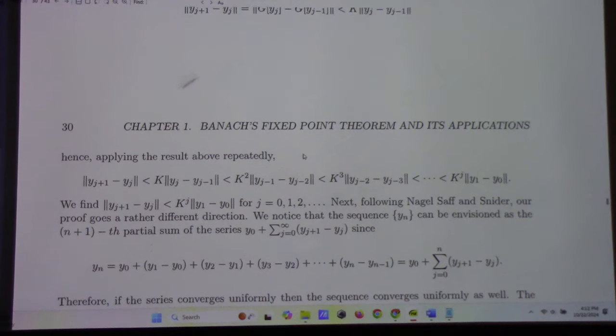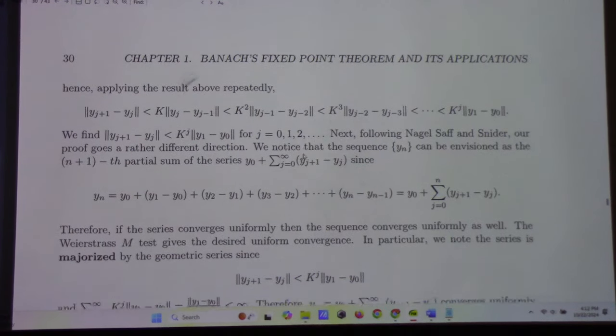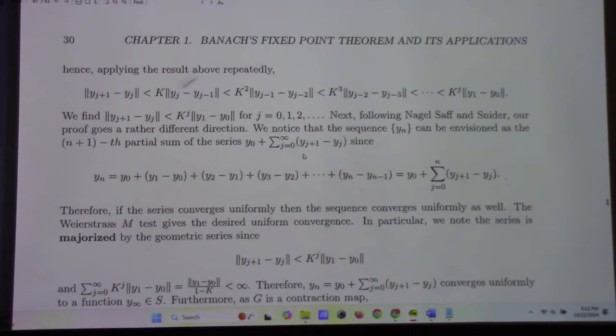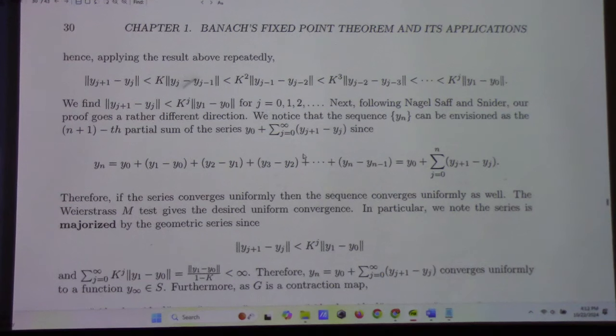And for uniform convergence of a series we can use the Weierstrass test, which is very nice. So the point is that the series is majorized by the geometric series, because the norm of the difference, this term in the series, is less than or equal to k to the j times the norm of y1 minus y0, as we argued before, right?